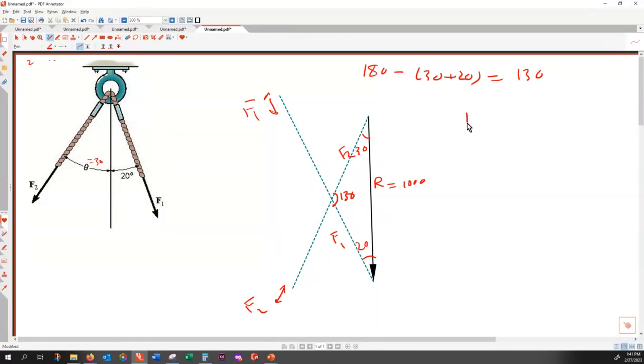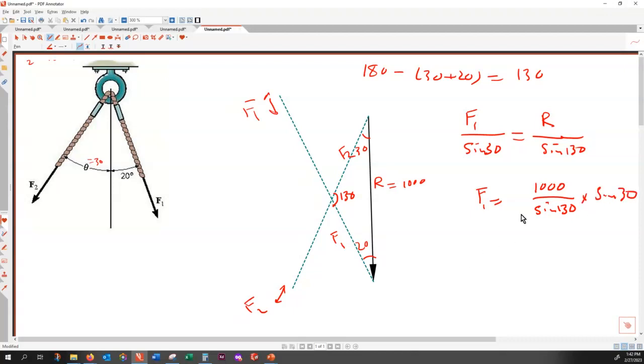Easy. So F1, using the sine law, F1 divided by sine 30 is equal to R divided by sine 130. And from here, I know that R is 1000. Therefore, F1 is 1000 divided by sine 130 multiplied by sine 30.